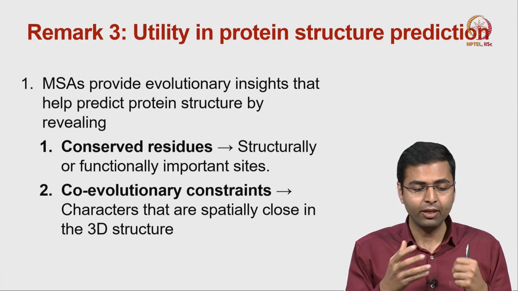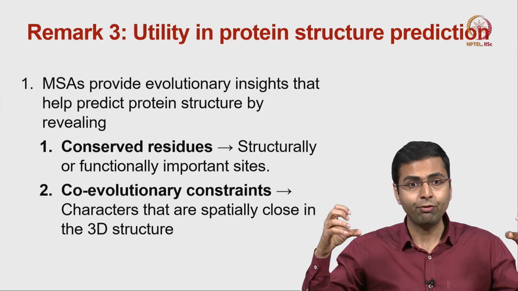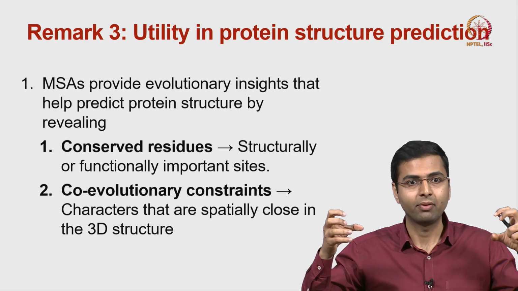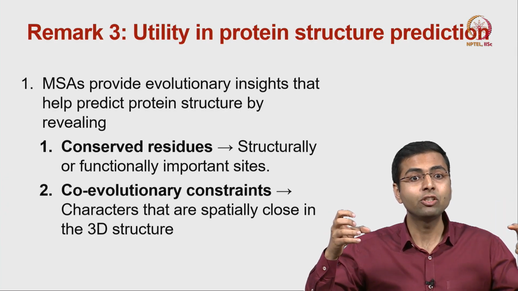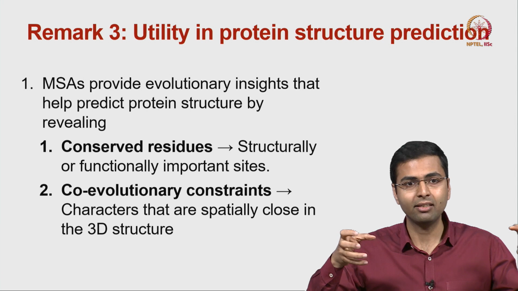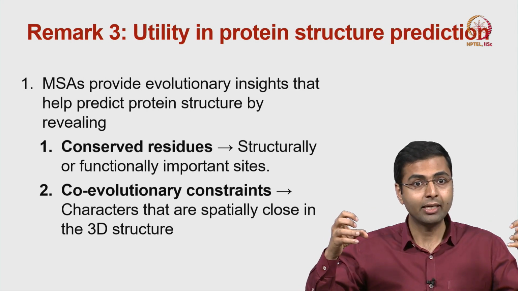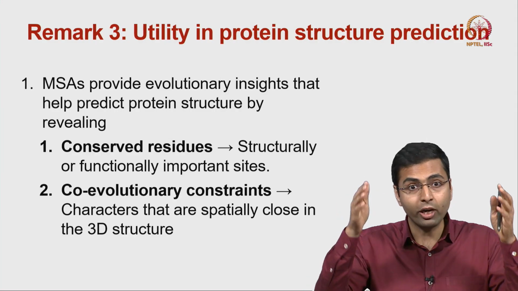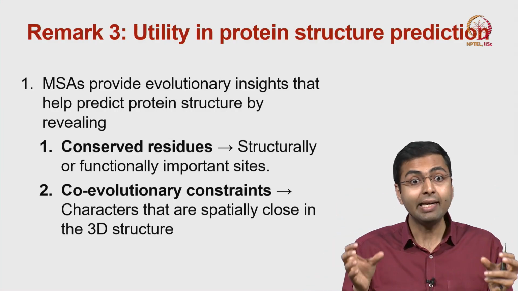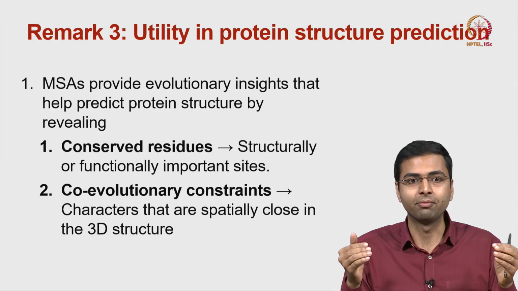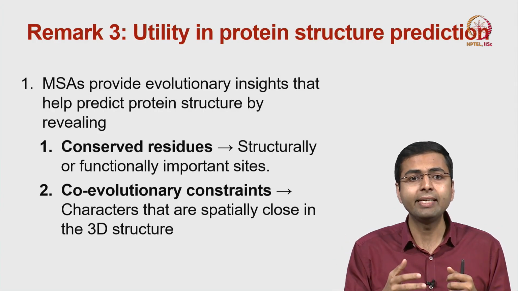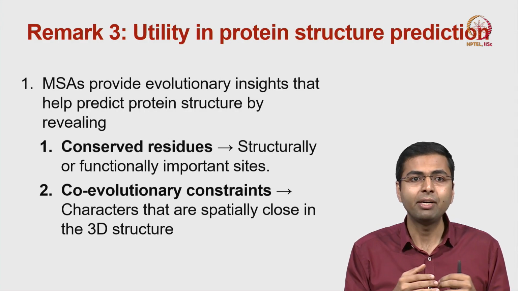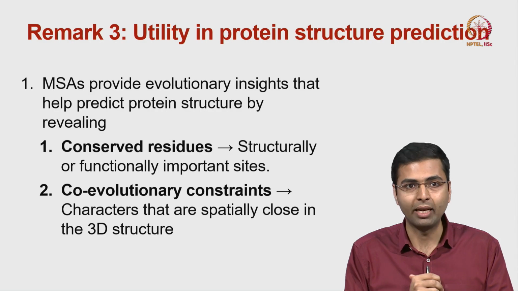Similarly, another factor is that if there are two characters which are far apart in the multiple sequence alignment, but they are evolving together, that is, mutation in one increases the chance of mutation in the second character, then even though they are far apart in the 2D structure, they may be spatially close in the 3D structure, because if they are co-evolving together, then it is likely that they are spatially close. These kinds of insights are useful for the deep learning model, and that is how multiple sequence alignments play an important role for protein structure prediction as well.